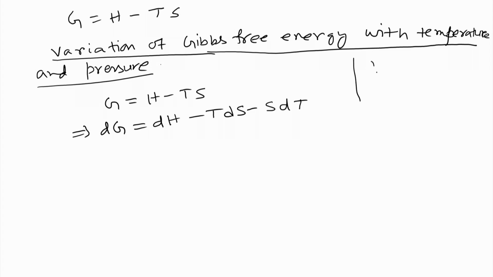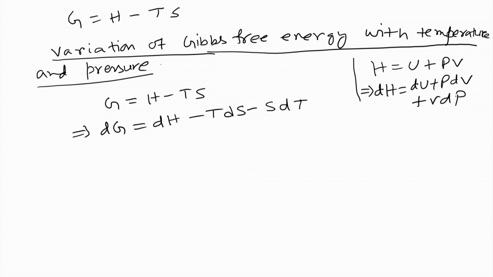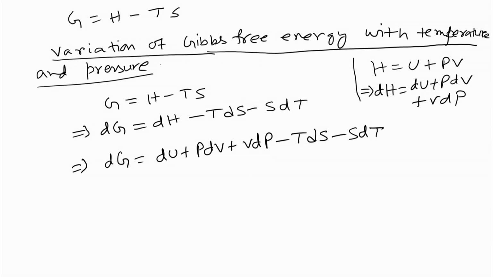Now H is U plus PV, so dH is nothing but dU plus P dV plus V dP. If we substitute the value of dH here, we get dG is dU plus P dV plus V dP minus T dS minus S dT. Next, dU plus P dV is nothing but dq, and T dS also is nothing but dq.